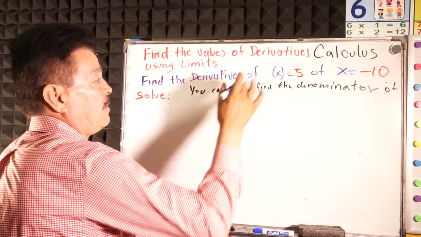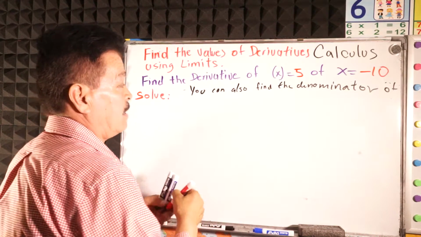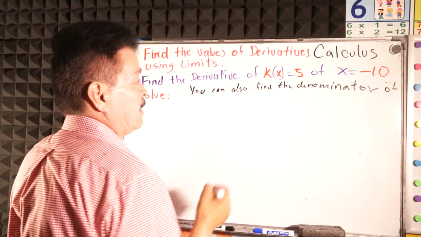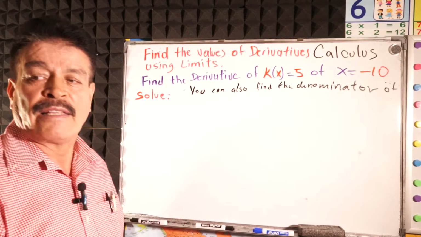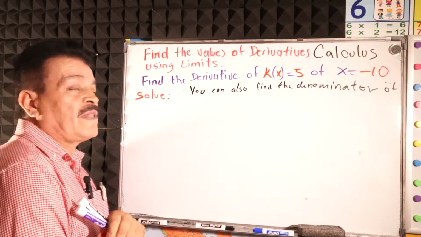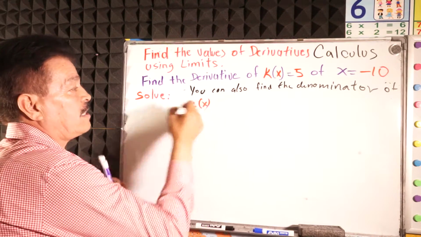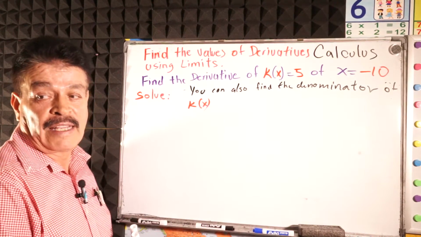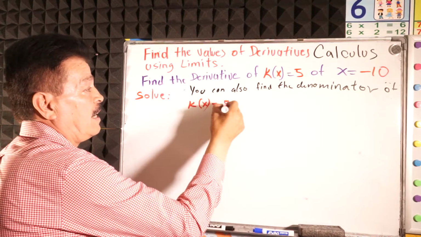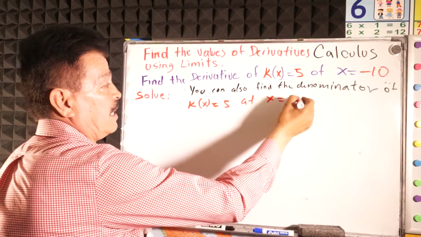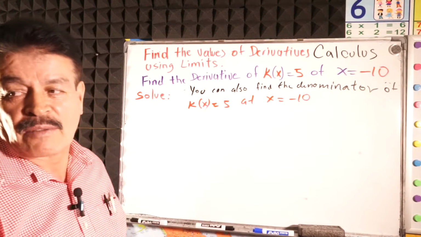Let me write different letters right here. k(x), yeah, like that. So to do something different, right? So now k(x) equals 5 at x equals negative 10. Look at the data right there.